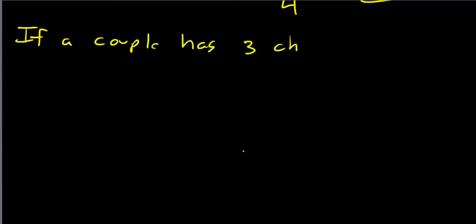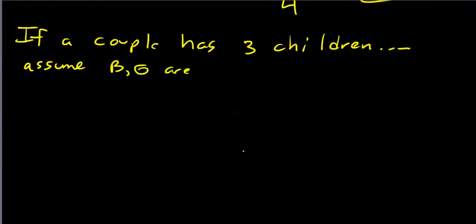Let's see. If a couple has 3 children, again, we'll assume boy and girl are equally likely in any birth.